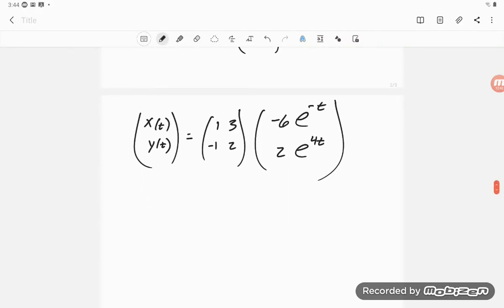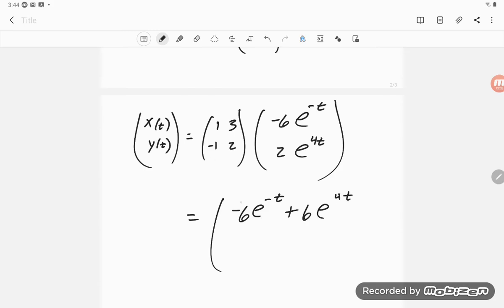Okay, so now I do that multiplication, and I get the vector -6 e to the negative t, plus 6 e to the 4t.